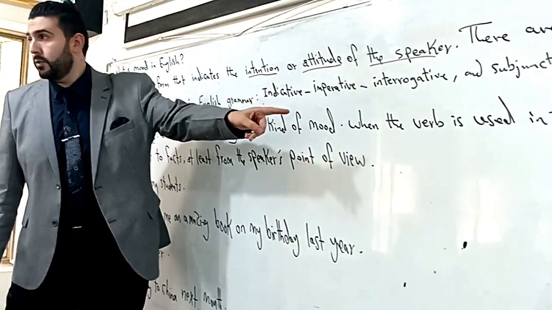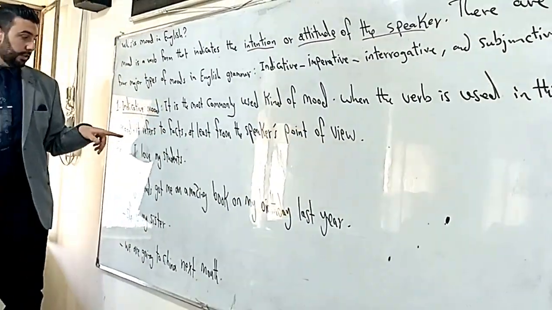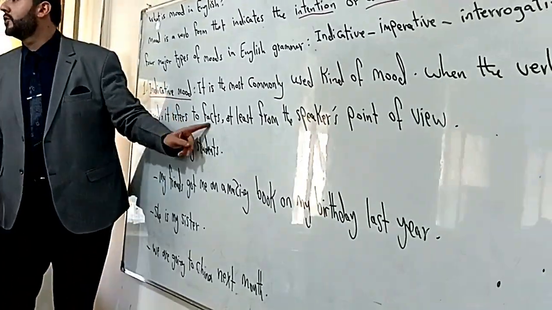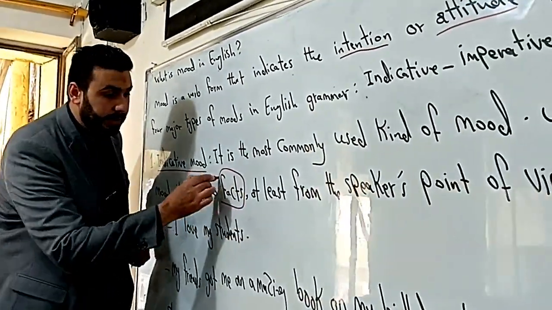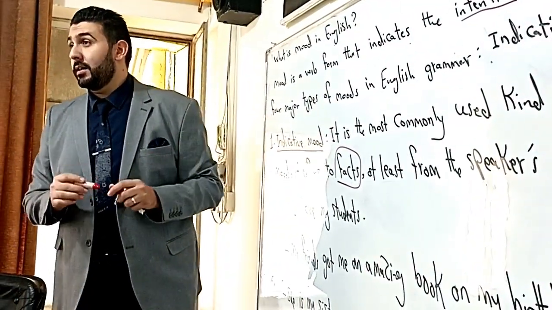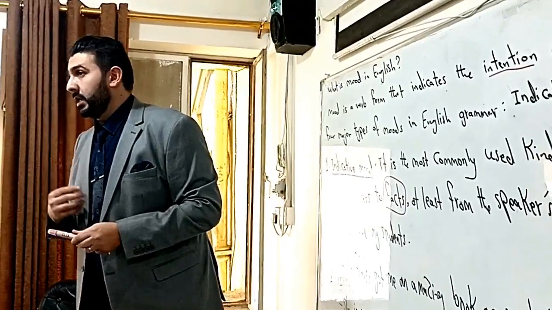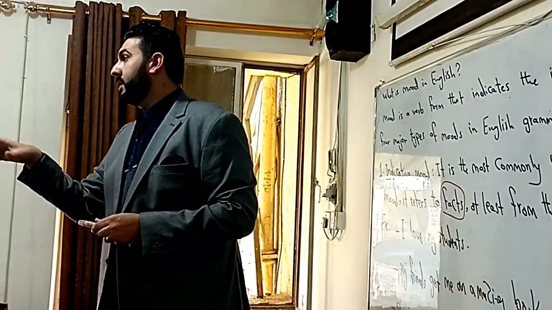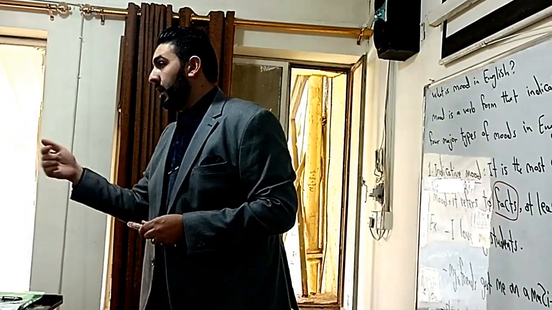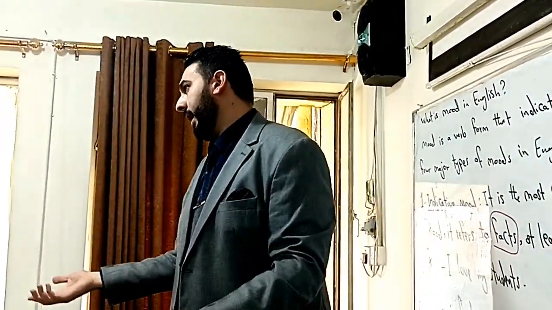When the verb is used in this mood, it refers to facts, at least from the point of view of the speaker. So maybe for you, the thing I'm talking about is not truthful, but at least for me it is. It's a fact.